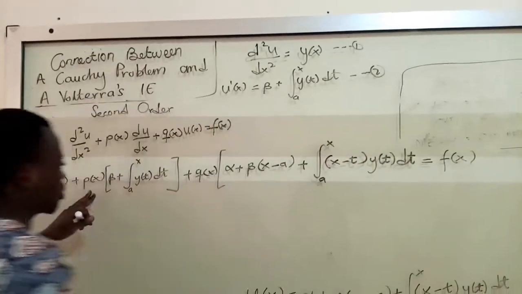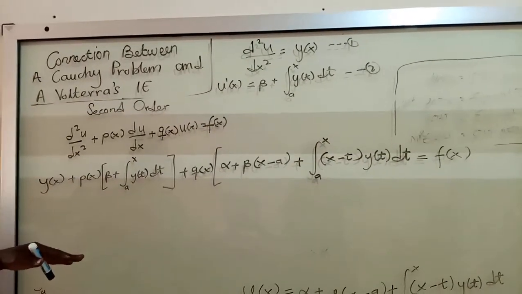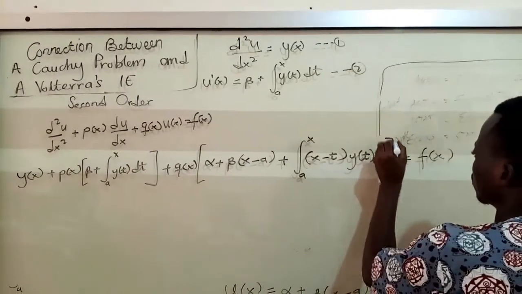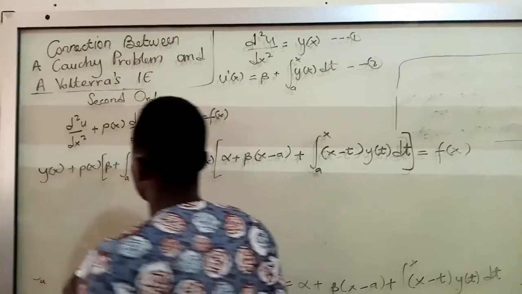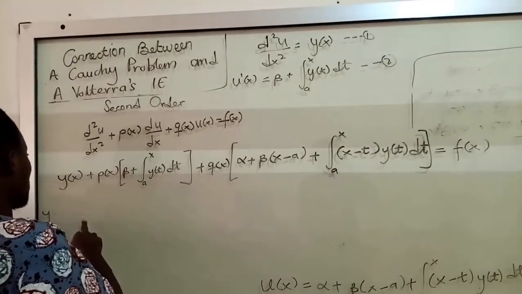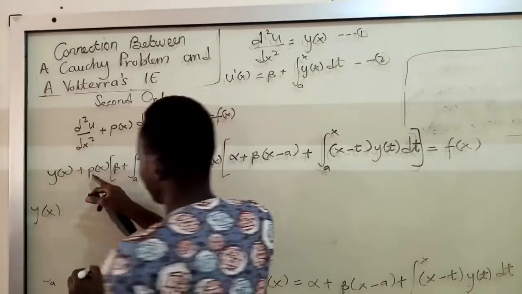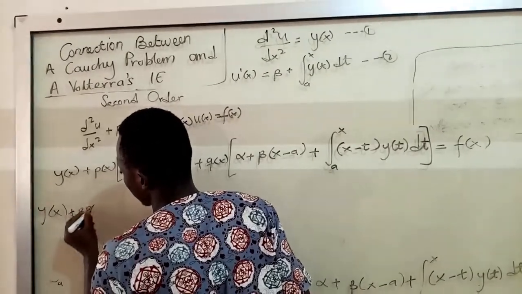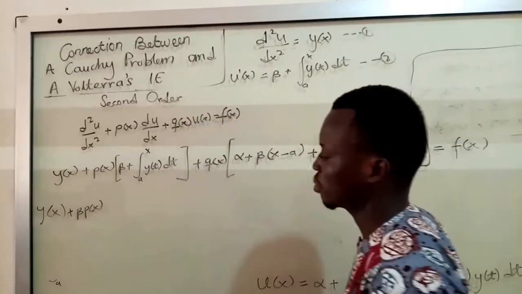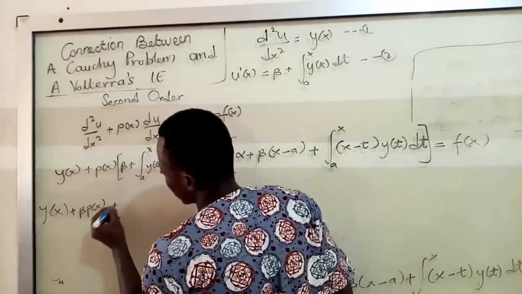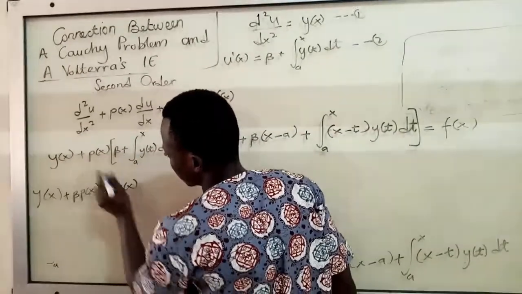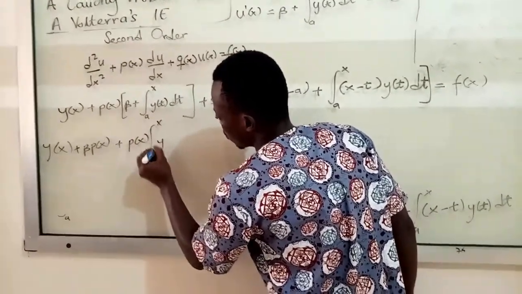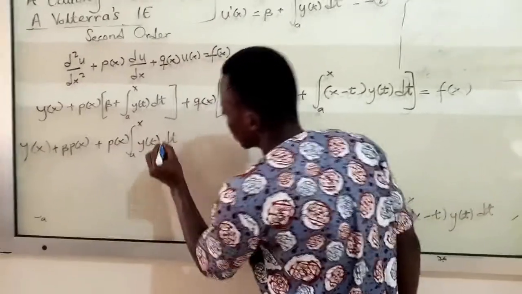Now let's open the terms, and I'm going to group the terms. I'm going to have y of s equal to this and this, plus beta p of s, plus p of s times the integral from a to s of y of t dt.